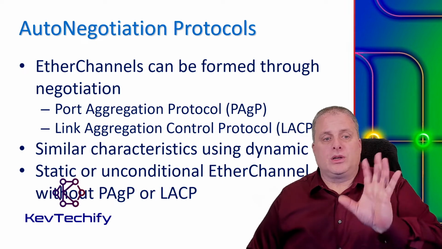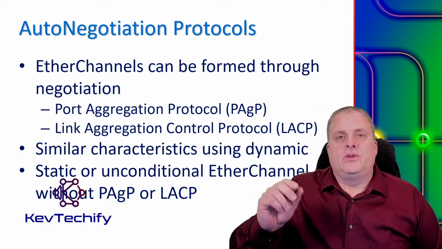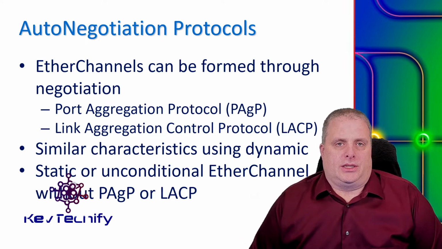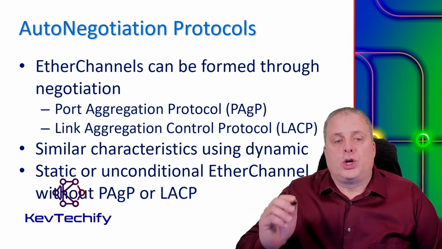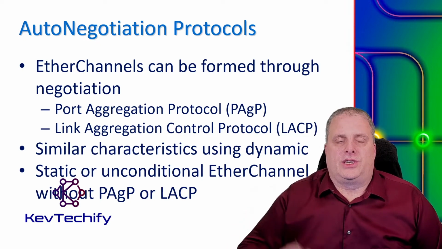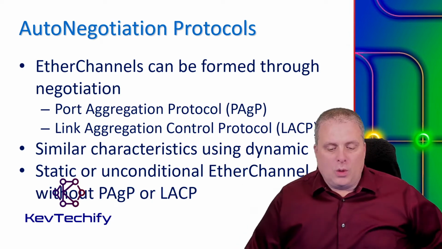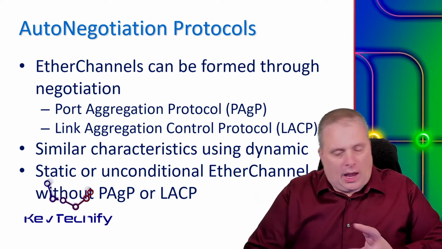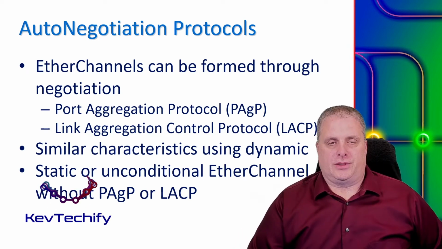They're very, very similar, and they use a dynamic negotiation process. We'll talk about each one of these in a second. Now, you could also set up what we call a static or unconditional EtherChannel without using any of these negotiation processes. You could just hard code it and say, okay, I want you to be this, and that's what you're going to be. No negotiation happens.